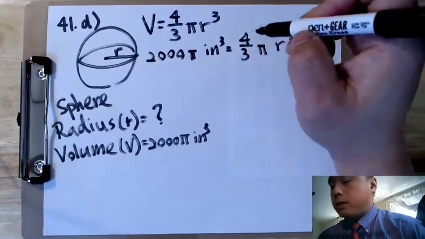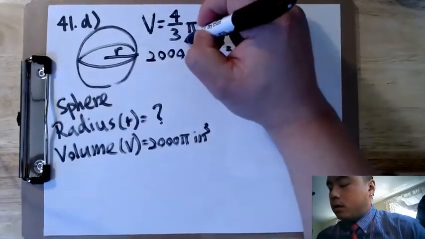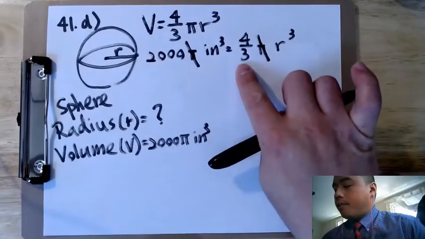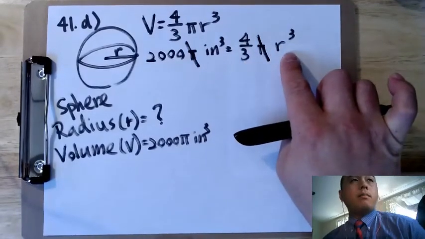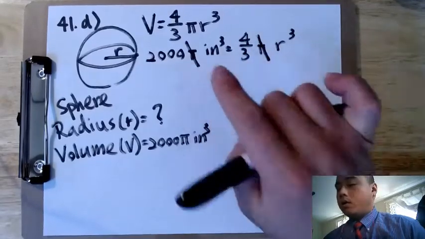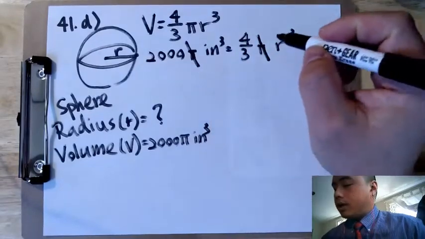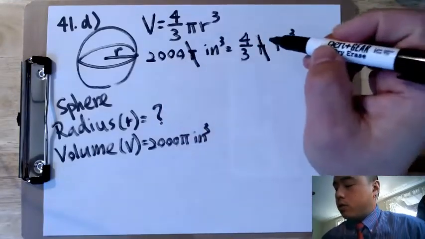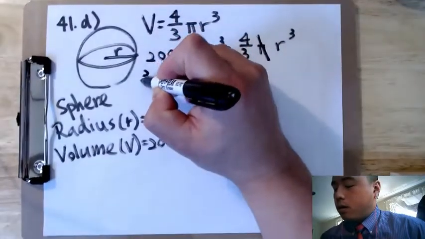On both sides we see pi, so let's cross it out. So 4/3 of the radius cubed is equal to 2,000. So let's move the 4/3 to the other side. So we multiply by 3/4.